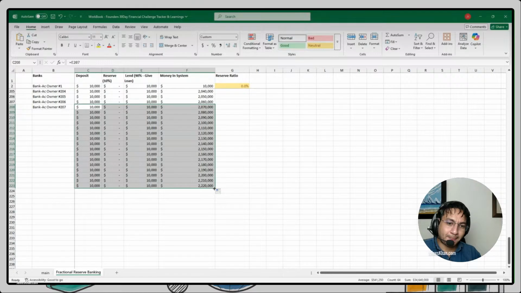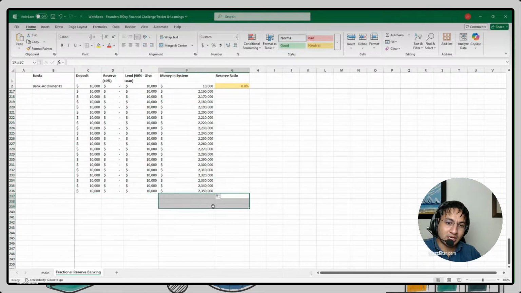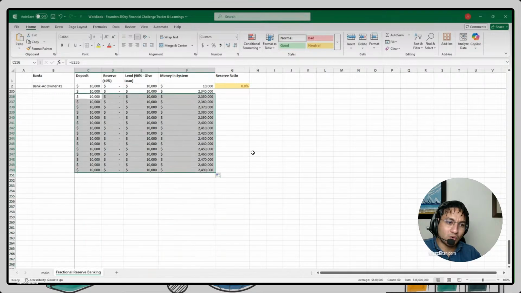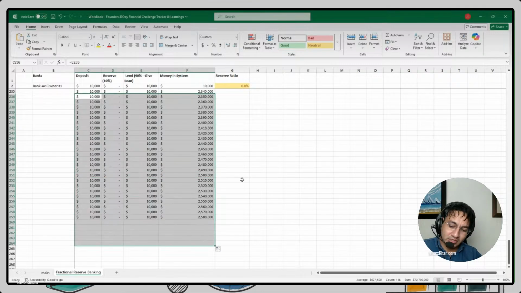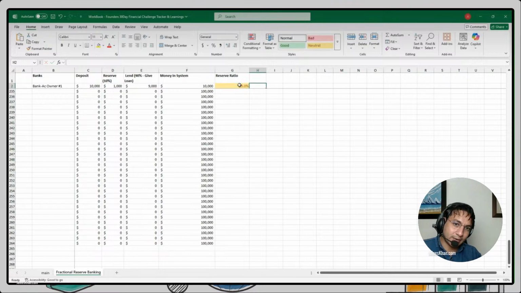You can see that if I go down, it keeps going. So the money in the money supply is increasing infinitely. But if I put 10%, it will stop at 1 lakh. So that's how the reserve ratio also controls the money supply in the system.